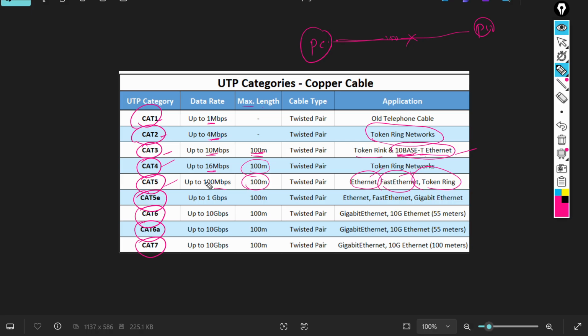But as per nowadays technology, this speed is not enough. That's why we are not using category 5. It is not old. If you want it, you can use, but as per the company's requirement, nowadays it is not sufficient. It supports up to 100 Mbps only.